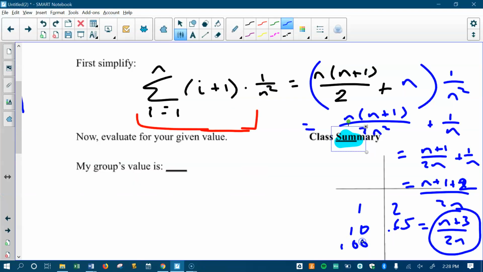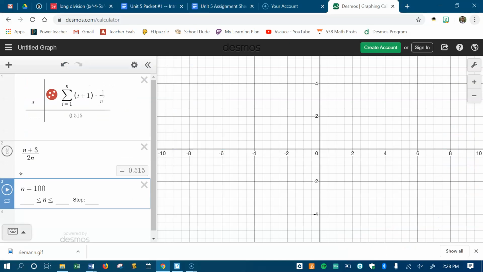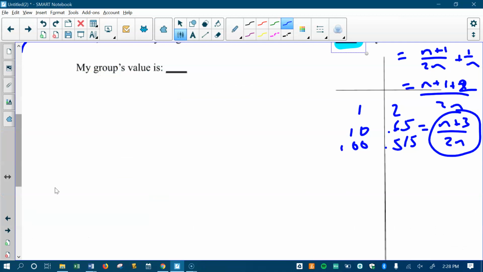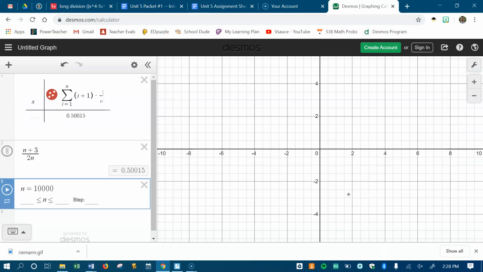When n equals 100, we get 0.515. Okay, cool. When n equals 1,000, add a 0, we get 0.5015. Ooh, something's happening. It has 4 zeros. Add another 0.